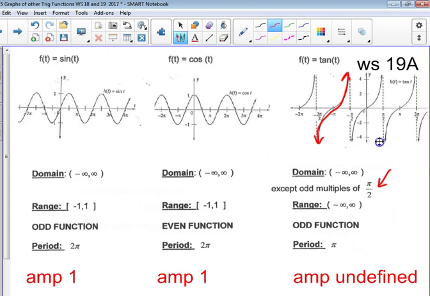That means those asymptotes are at 1 pi over 2, 3 pi over 2, 5 pi over 2, negative 1 pi over 2. That kind of makes sense? I'm not going to ask you what the domain is, but does it make sense where they came up with that? Why is the range negative infinity to infinity? Got arrows, right? Remember, tangent is the ratio of a leg to a leg, so it can be really big or really small. It's an odd function, and this is the big thing we got to remember: the period is pi, not 2 pi.